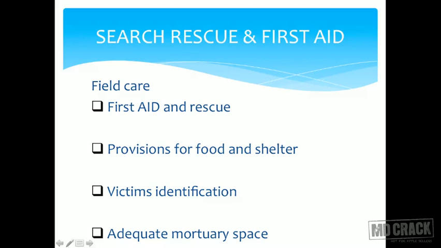There should be provision of adequate mortuary spaces, because if the disaster is a big one, you have a big tsunami or a big wildfire, a volcano or something on a very large scale, then the number of deaths are expected to be very high.